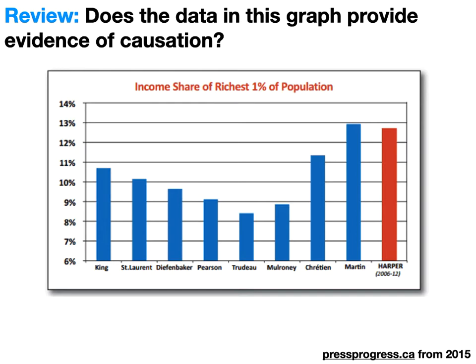And this graph is showing, the y-axis is showing you a measure of how much of Canada's wealth was held by the richest 1% of the population. So a higher value on that graph indicates a greater proportion of wealth being held by the smaller number of people. Okay, and so again, does the data in this graph provide evidence of causation?